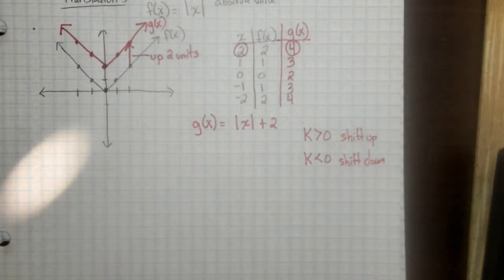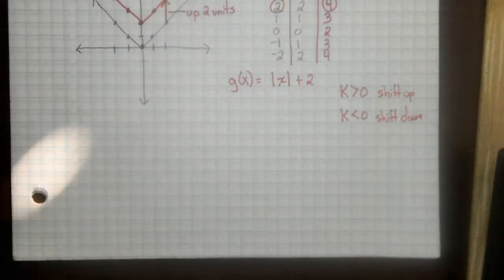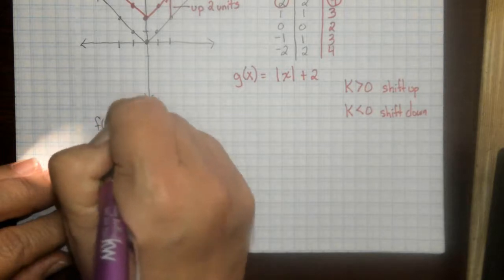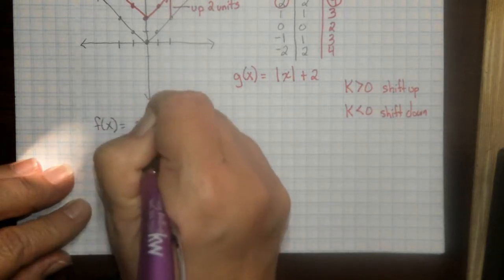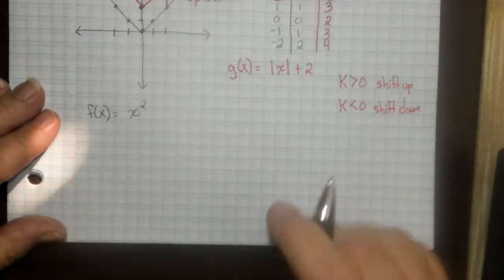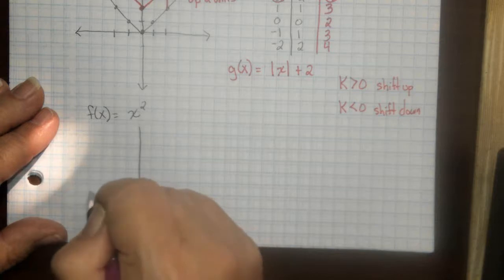All right. So now, let's change our parent function. Let's have a parent function of x squared. That's your parent for your quadratic function. We should be able to graph that.